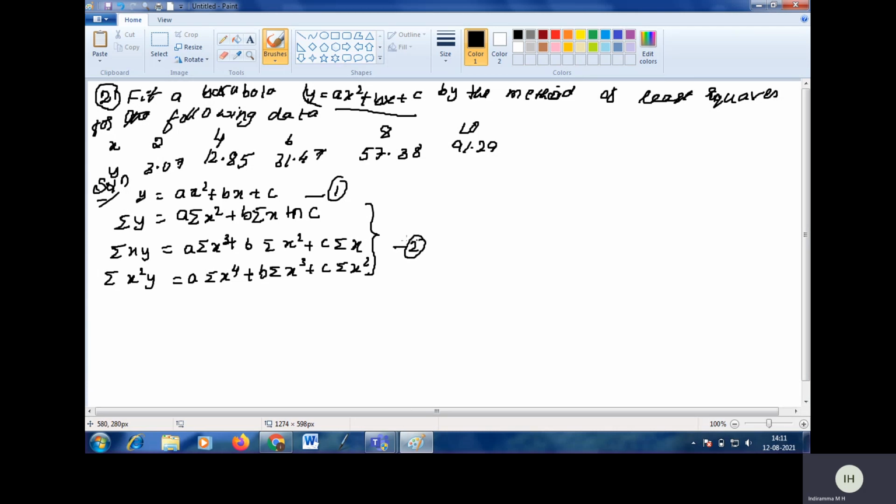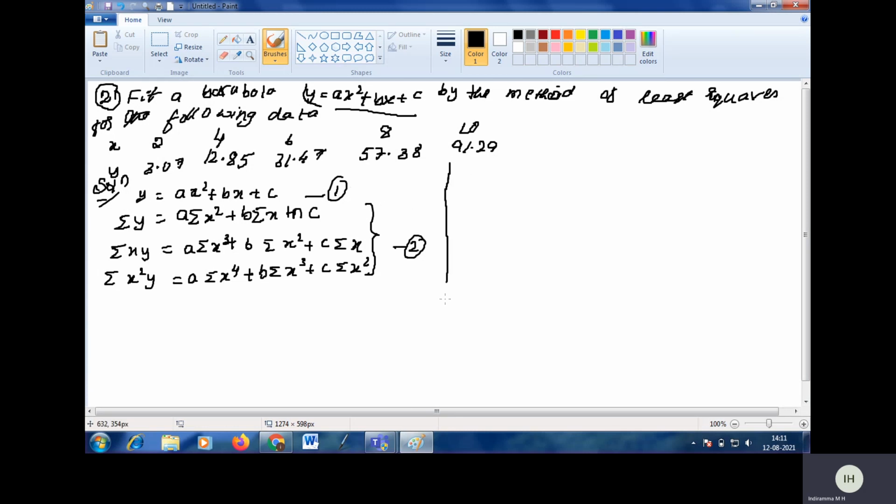So now our aim is to find the values of a, b, c, and substitute them in equation 1. To find a, b, c, we have these normal equations. We have to find the summations from the table, substitute, and then calculate the values.